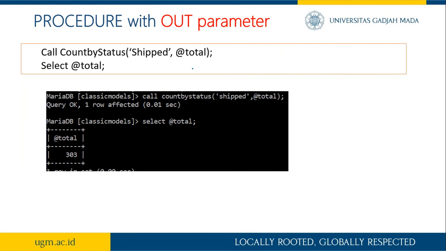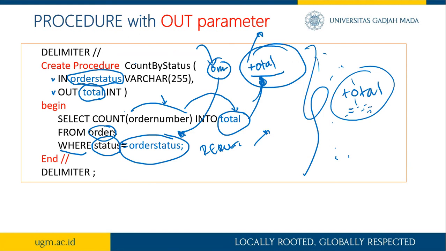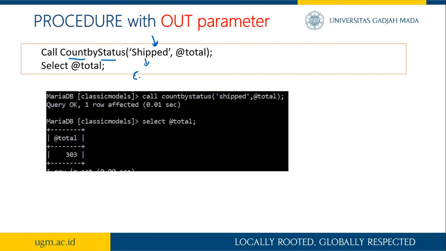So like this one, when we call the procedure count by status, this is the argument that will be passed into the order status, because this is the in parameter order status. And this one, as you can see, at total is a session variable. Why is it here?